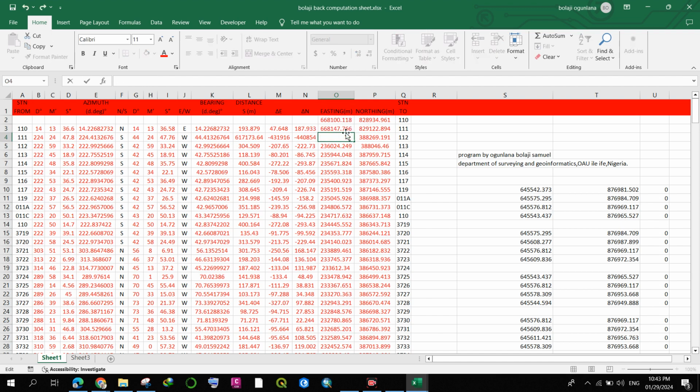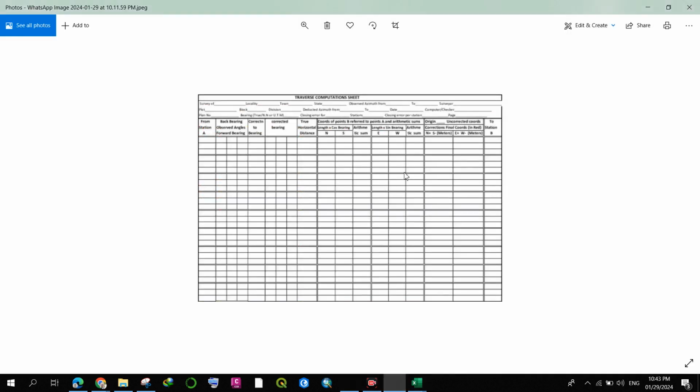Then the third one. You can notice that I have eastern first here and northern here. So that's the reason I'm saying you have to consider the heading first. Sometimes on your own side you have northern here and then eastern here. So you have to be careful of that.